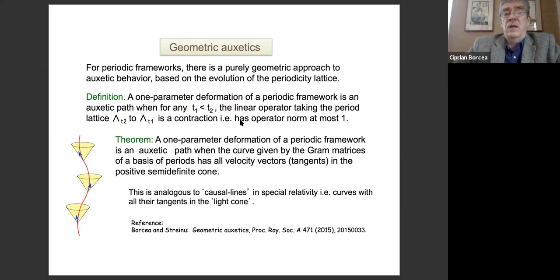Now in operator theory we have the notion of norm, and we want this to be a contraction.